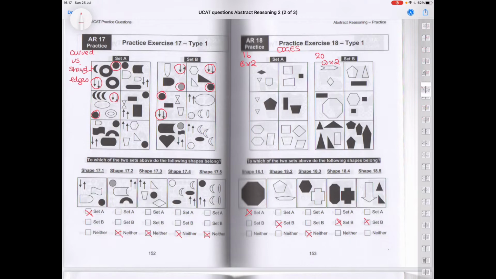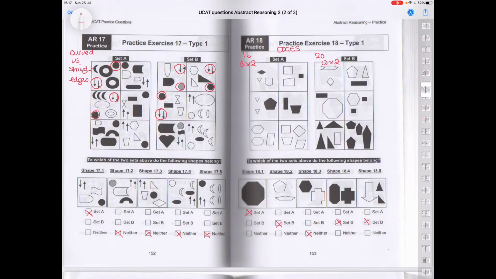If you look at practice exercise 17, this is all to do with arrows and curved versus straight edges. So there are arrows in the corner of each of the squares in set A and set B. Whether those arrows are pointing downwards, upwards, or a mixture of both is related to whether the shapes have got curved or straight edges.